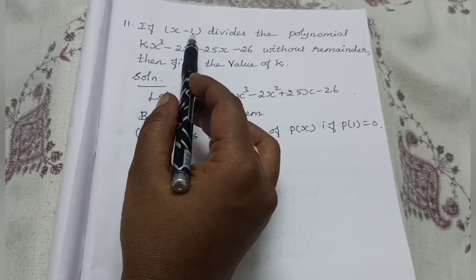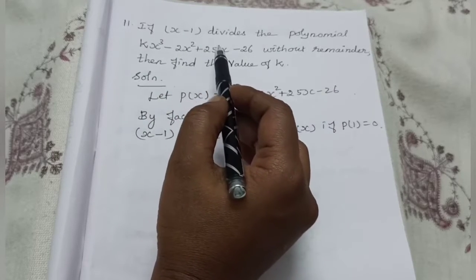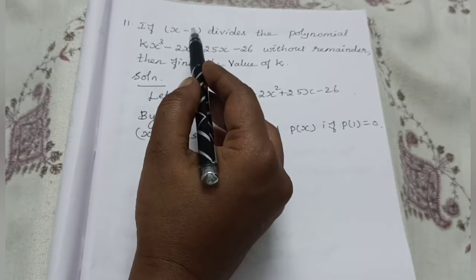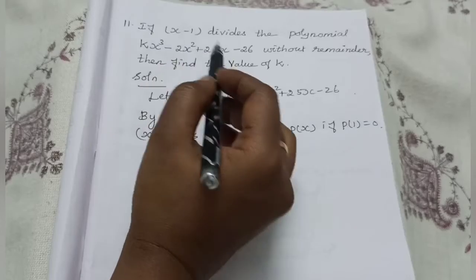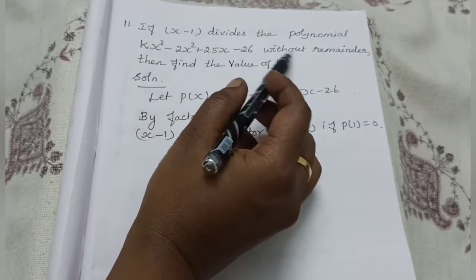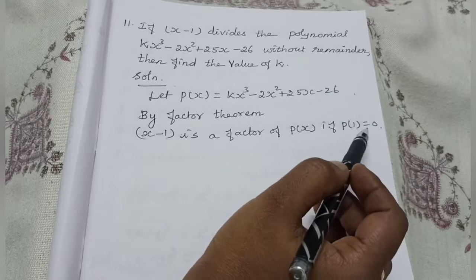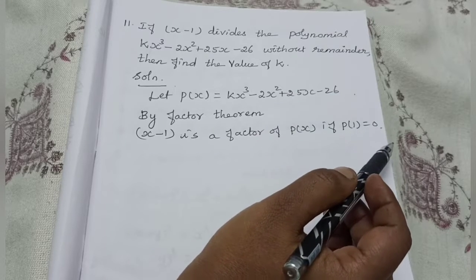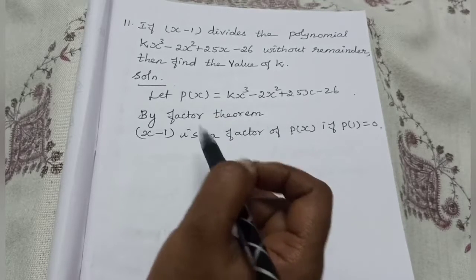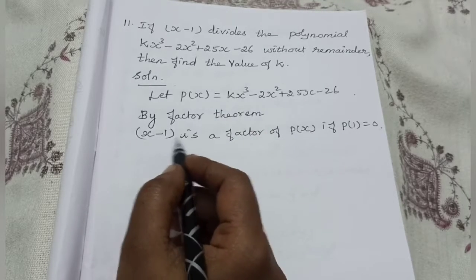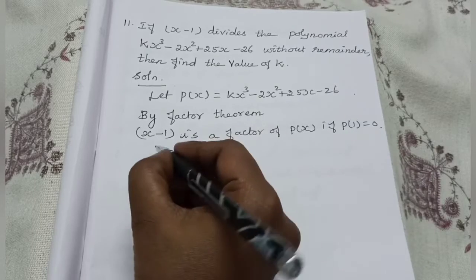If x minus 1 divides the polynomial, then p of 1 equals 0, isn't it? It divides means remainder 0, without any remainder, that means p of 1 equal to 0. So we can use the factor theorem here. x minus 1 is a factor of p of x if p of 1 equal to 0.